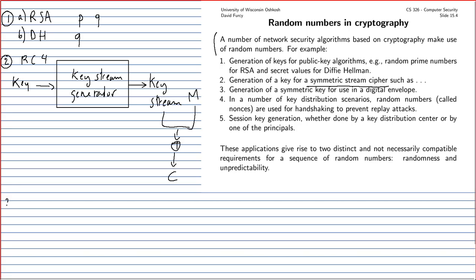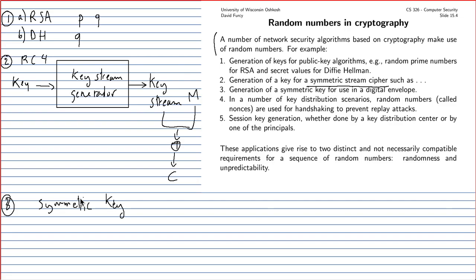A third one is the one we discussed in the previous video, namely the digital envelope mechanism. Remember that as part of the first step performed by the sender, one of the components was to generate a symmetric key, which had to be a sequence of random bits. So again, we have to somehow obtain some random numbers here.